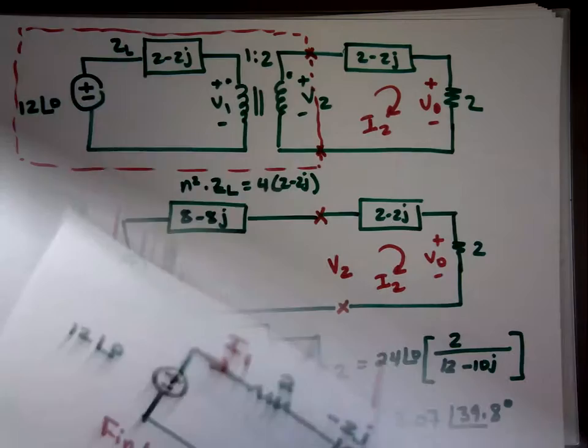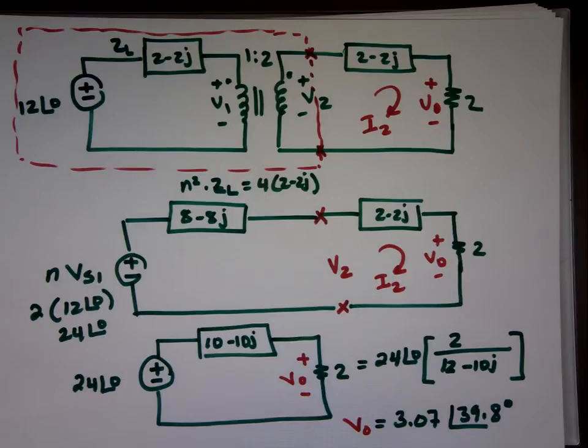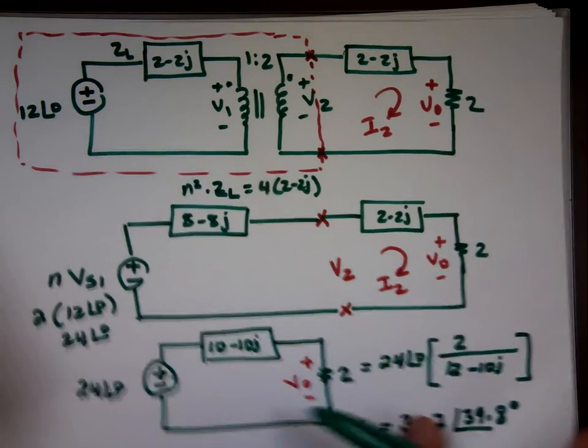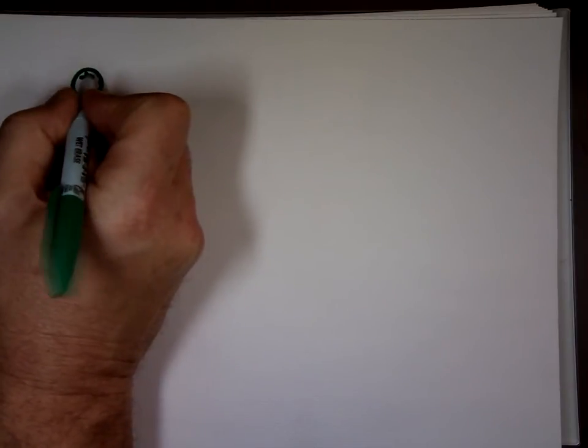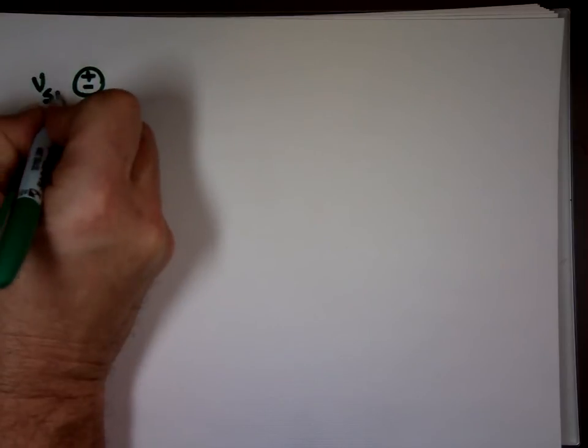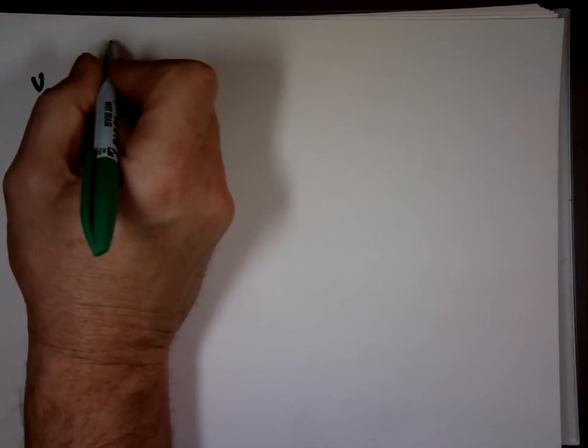So you have a couple options for them. You can treat them if you memorize these, you know. So again, I'll put these equivalents back there for you in case you lost them. If I have a source here, and this is Vs1, source 1, and I have a value called Z1 here.